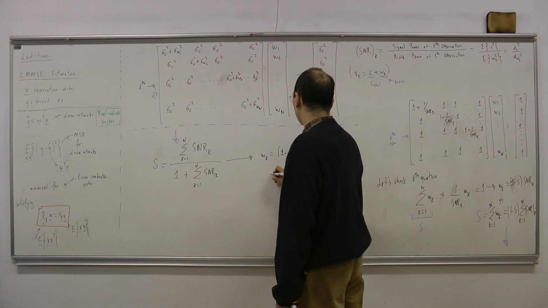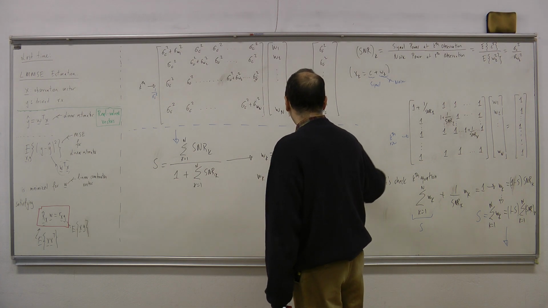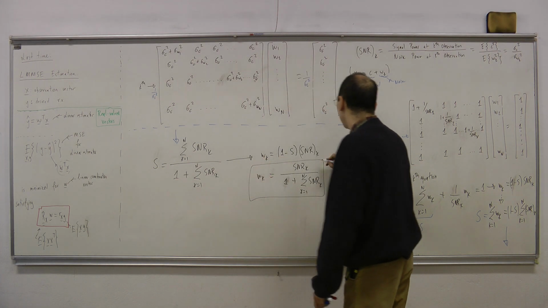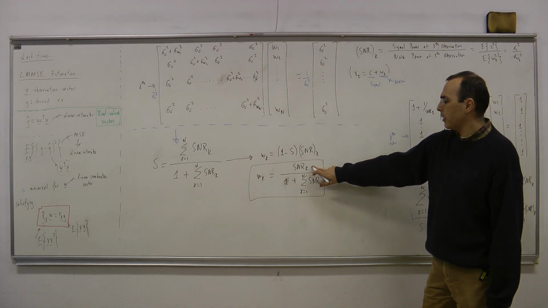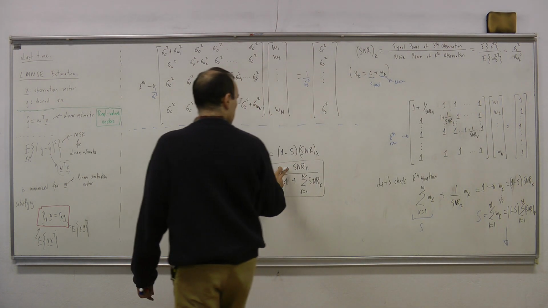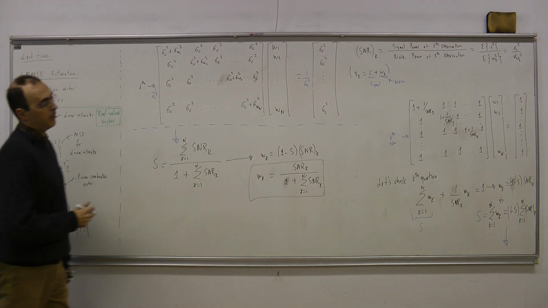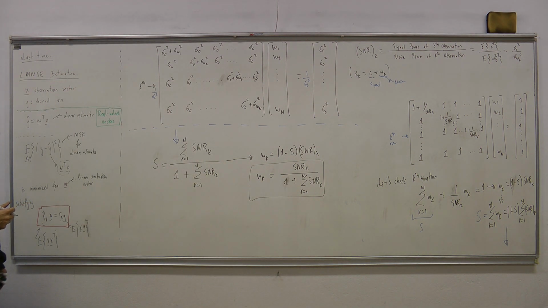Okay, it's not increasing linearly, but what I see is that if I, for example, double SNR K, then numerator is doubled, but there is also some effect over there in the denominator.